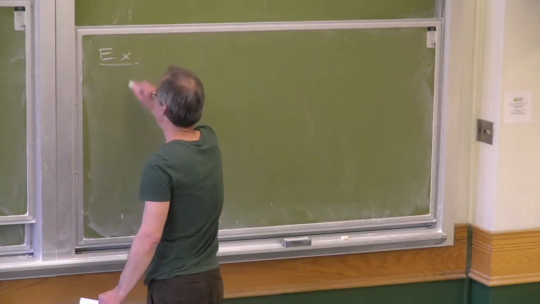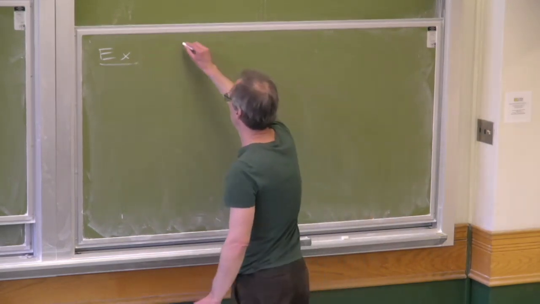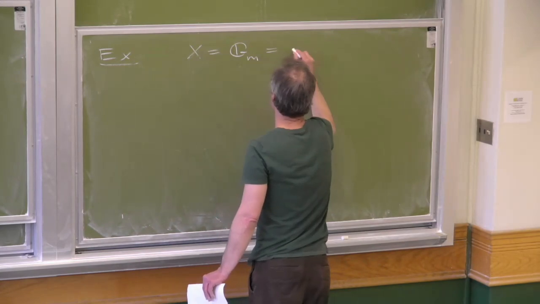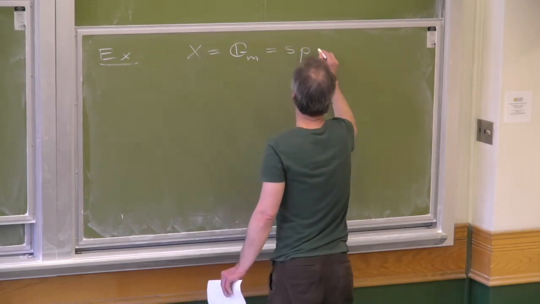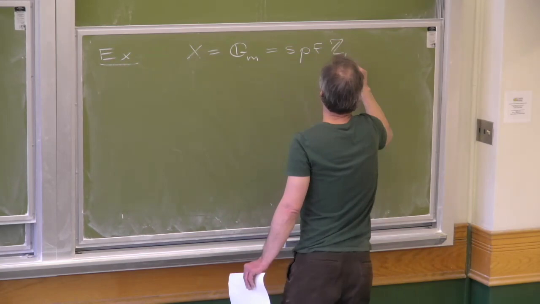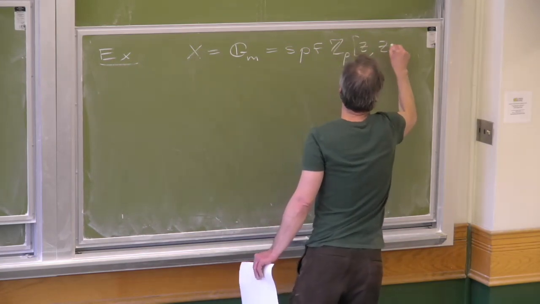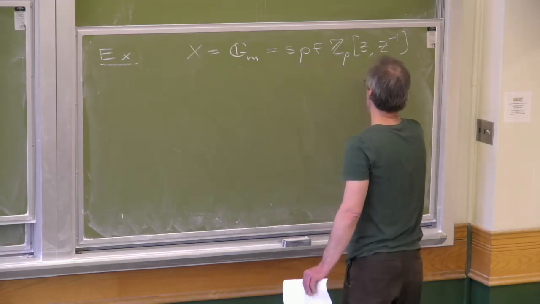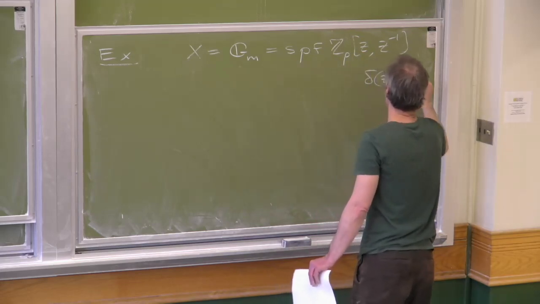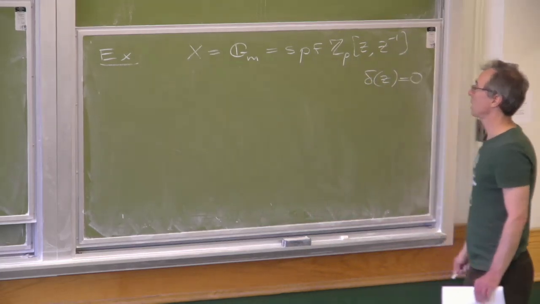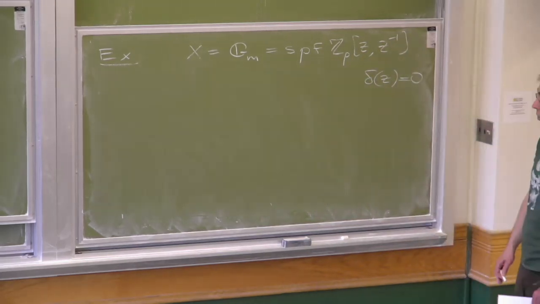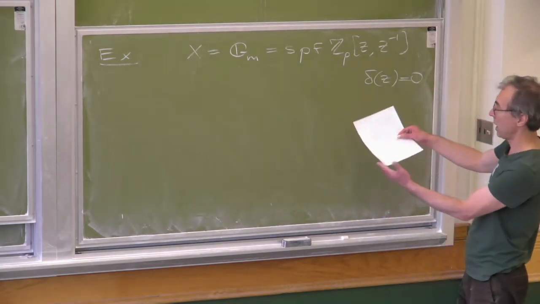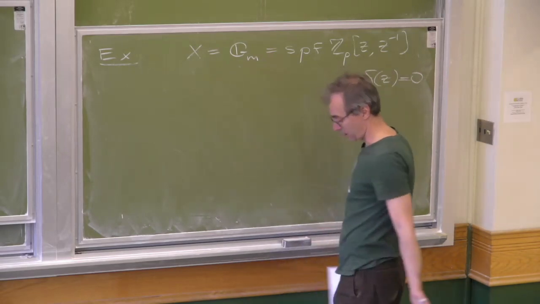So let's consider X equal to G_m. So G_m is the multiplicative group, and the delta structure. It's important that it's a delta group. So delta of T is 0. So Frobenius takes T to its p-th power. There is a delta structure on the affine line, but you can make G_a a delta group.